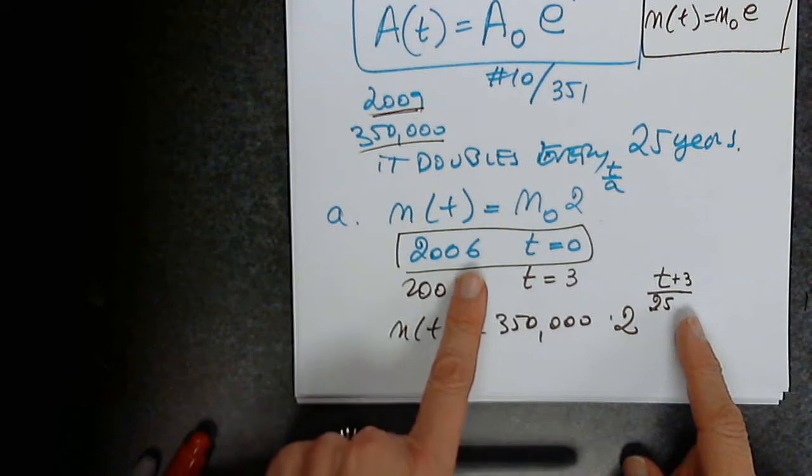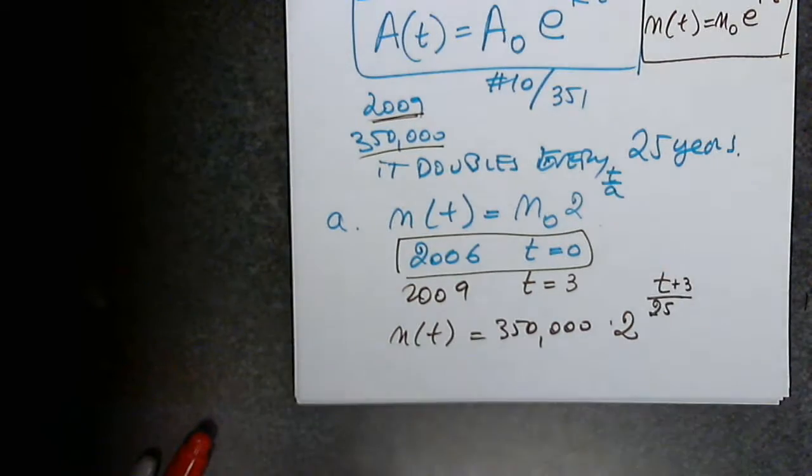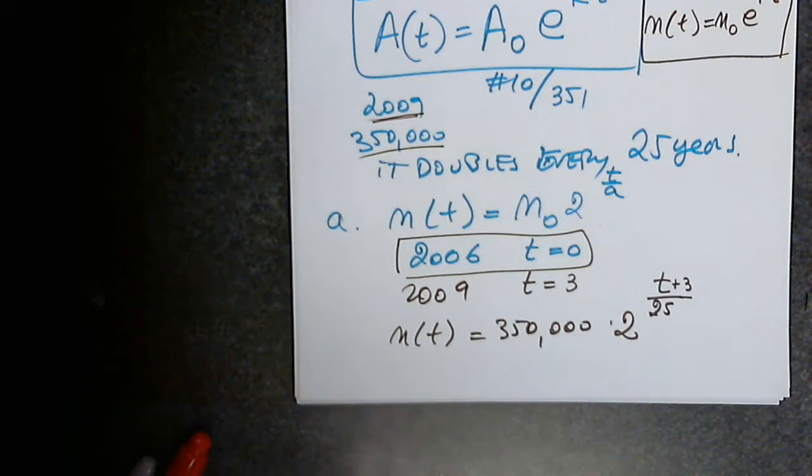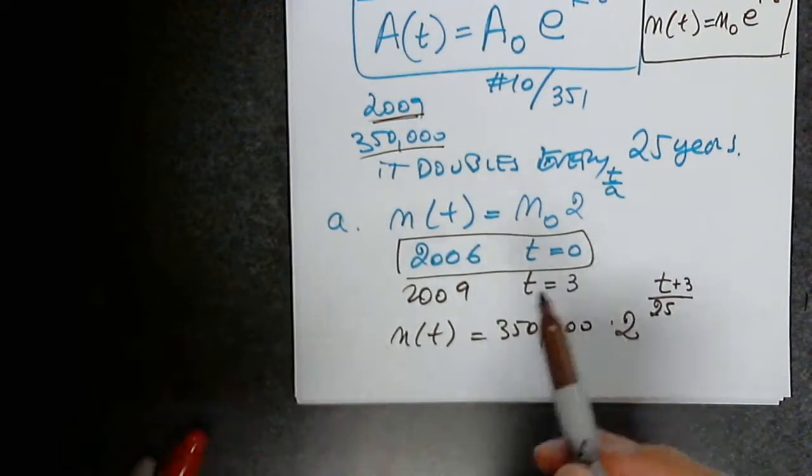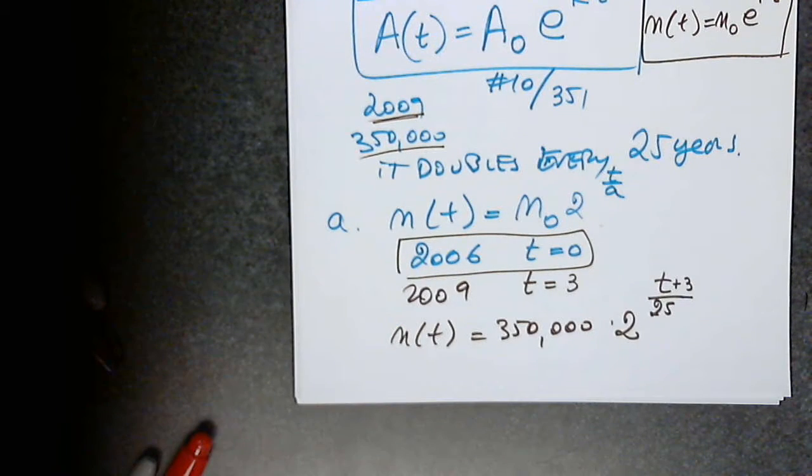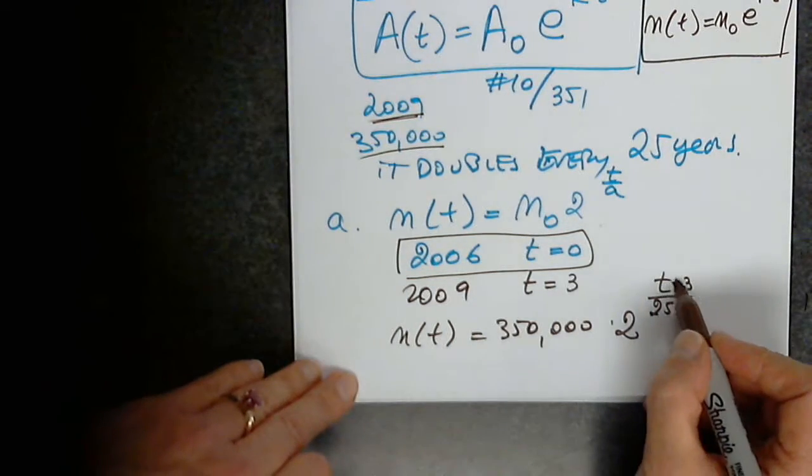So this was 2006. One more time: find an exponential model for the population t years after 2006. That's t minus 3.